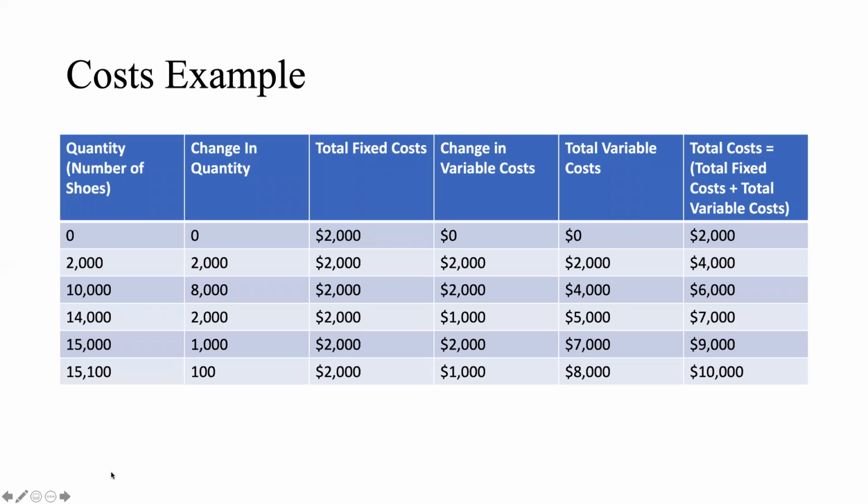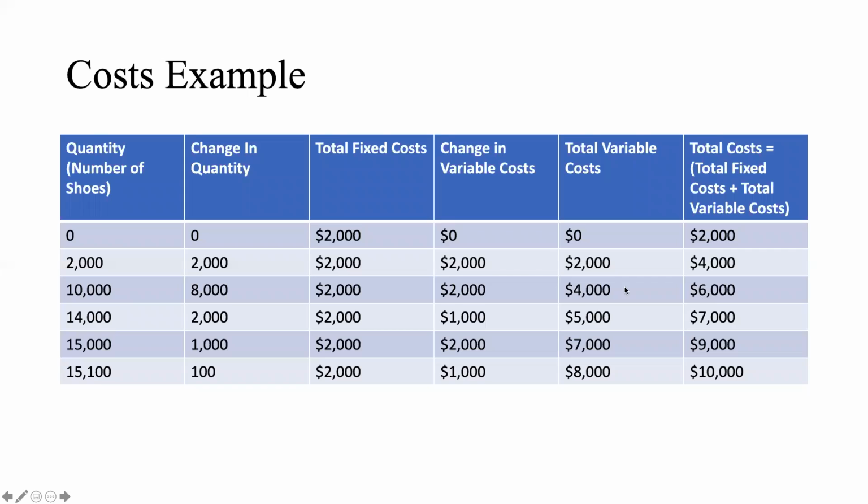So here's an example of total fixed costs and total variable costs. So note that the total fixed costs here are constant at every single quantity of output. Variable costs are not constant though, and that is because as you are adding additional units produced, variable costs can increase or decrease.